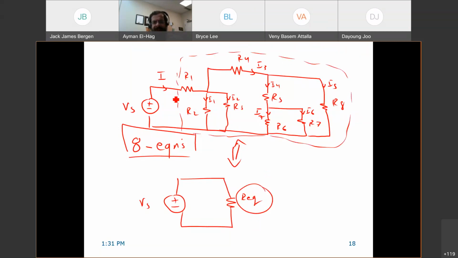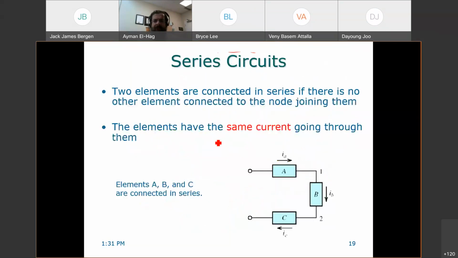So if I want to find I, it's basically Ohm's law, Vs divided by R equivalent. So this is a very good shortcut. If we can combine resistors together and reduce the circuit dimension, then that can help us a lot in the solution. And that is the topic of our lecture today.